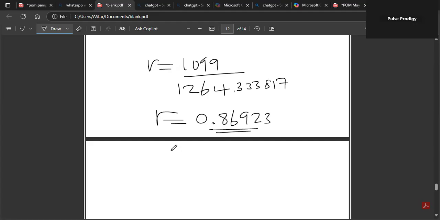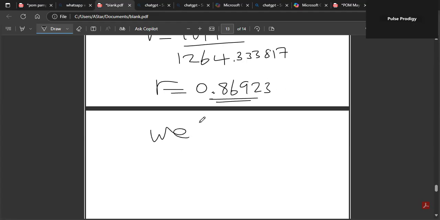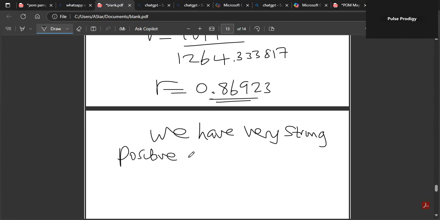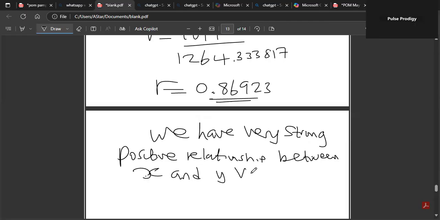So this is a very strong positive relationship too. So we have a very strong positive relationship between X and Y variables.